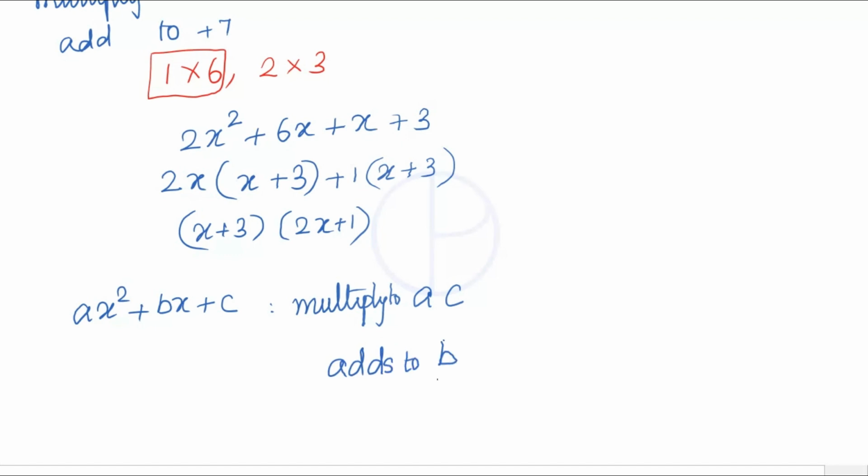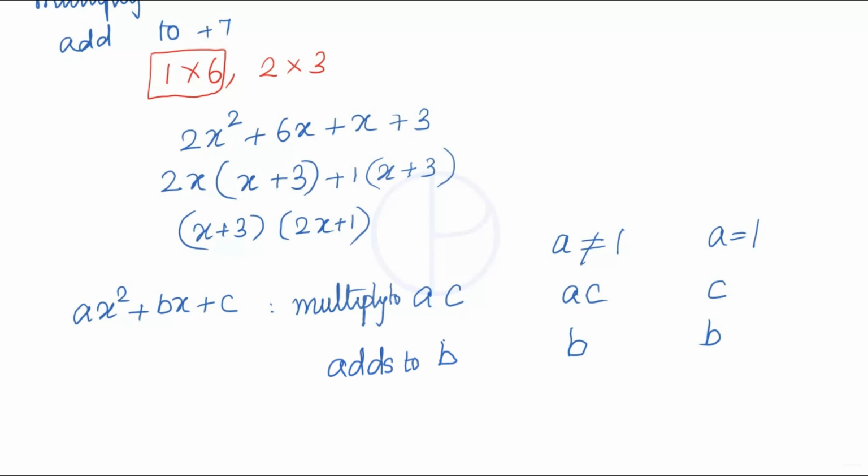Okay. When a is not equal to 1, that time it is ac and b. And when a is equal to 1, that means simply we'll get c only. So c and b. Okay.